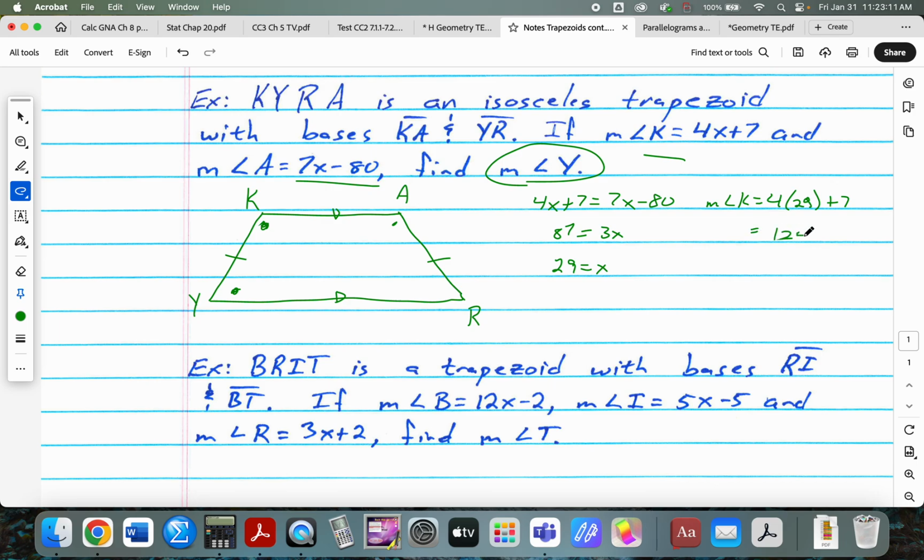Is that 124? Yeah, I believe that's correct. So the measure of angle Y would be 180 minus 124 is 56 degrees. What? 123? Thank you. That's why I asked if I got it right. I was like, that doesn't quite feel right. So this is going to be 57 degrees. Thank you very much.